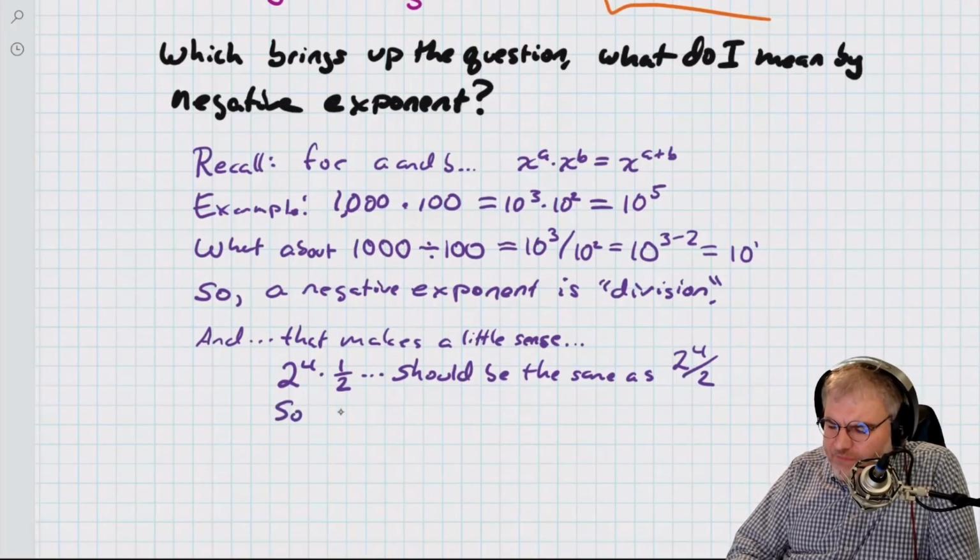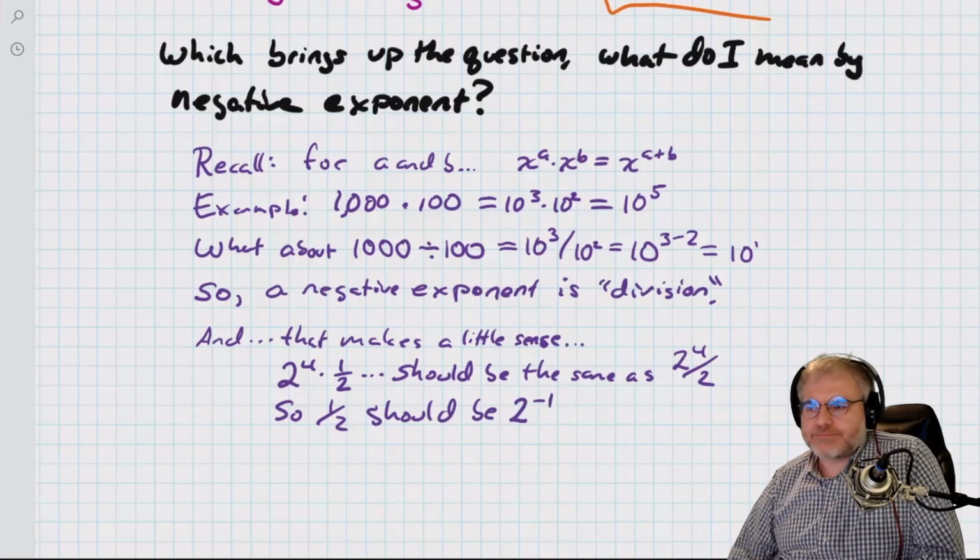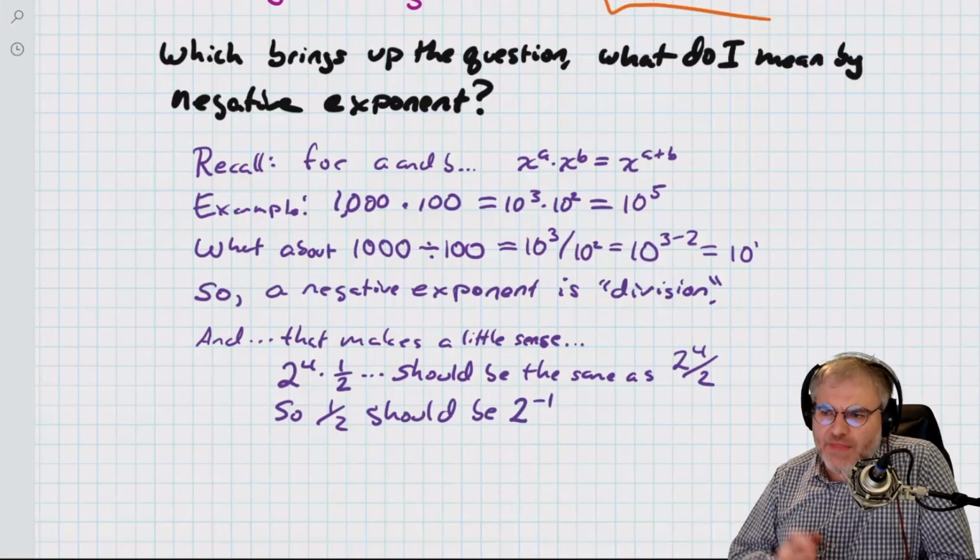So 1/2 should be 2 to the negative 1. How do we feel about that, 1 to 5?